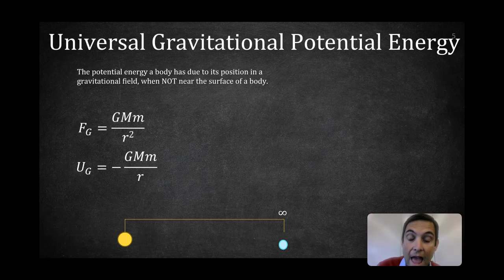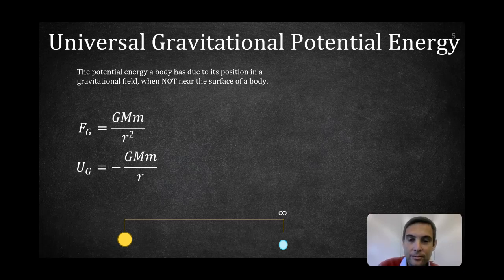So we would say at that point infinity, there's 0 gravitational potential energy. And at all points in between, as the blue planet gets closer and closer back to the sun, we are increasing in magnitude, but we are getting more and more negative gravitational potential energy.